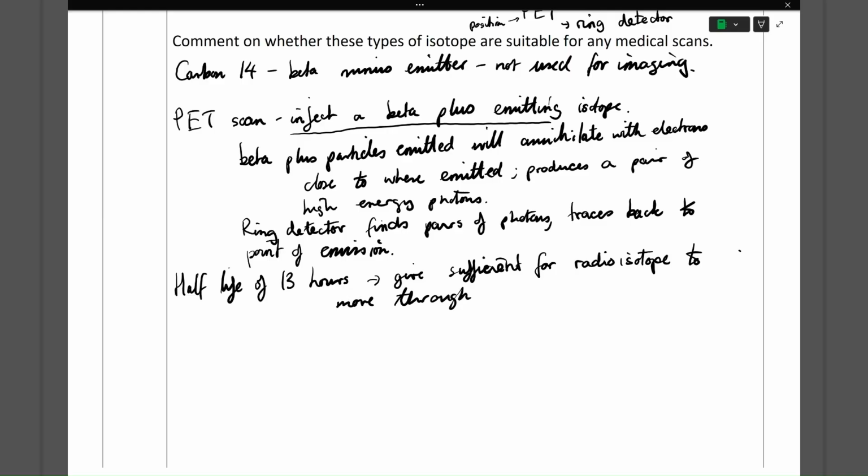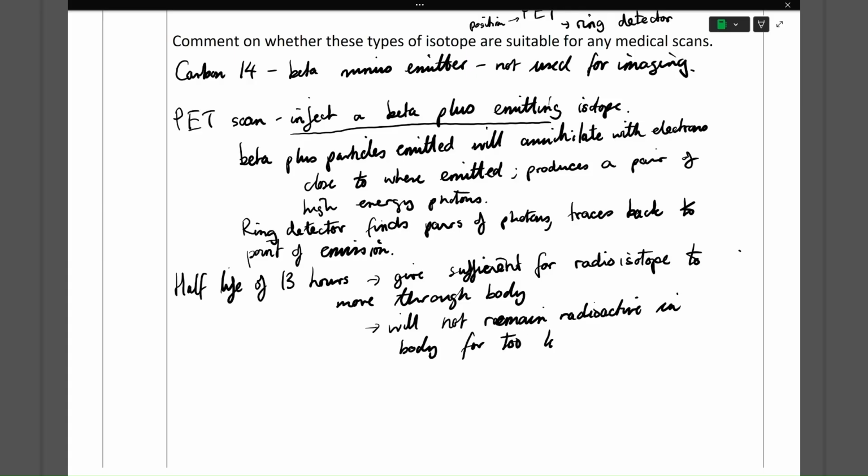When we inject it, it needs some time to get to the site that we want to scan, but it also will not remain radioactive in the body for too long.